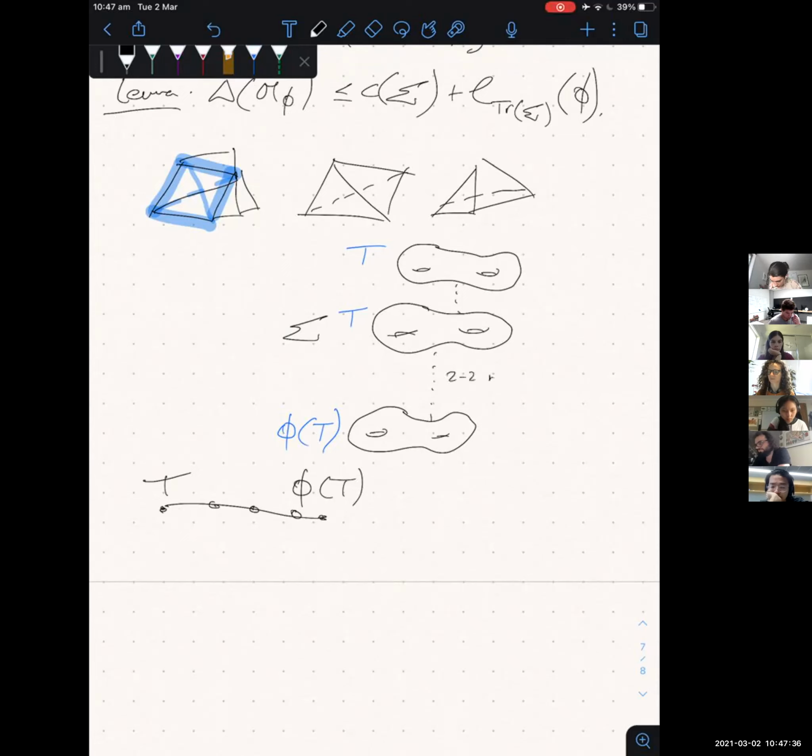So this corresponds to 2-2 moves here. By doing this, we've obtained a triangulation where we've got a certain triangulation at the top and phi of that triangulation down the bottom. And then at this point, we just glue up by phi, and we've got a triangulation of our mapping torus. So what do we pick up here?